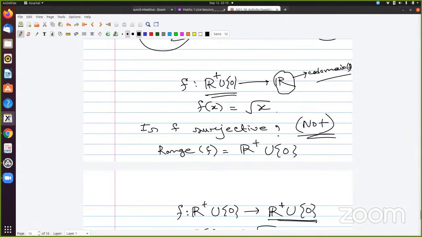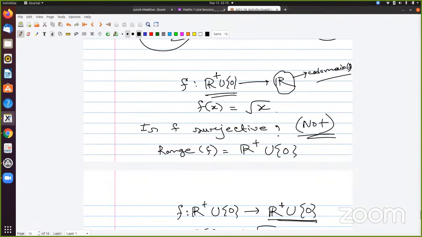Have you joined just now? No, sir. Okay. When I was discussing f(x) equal to root x, what was the range of that function? All positive real numbers, including 0, right?